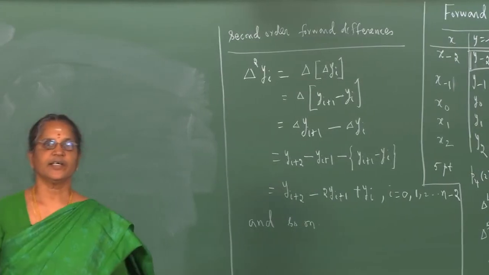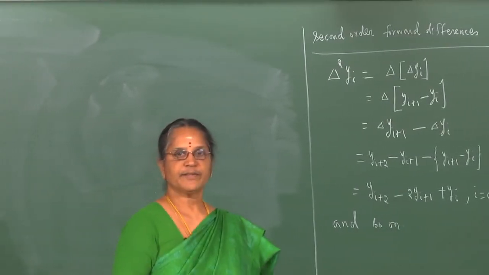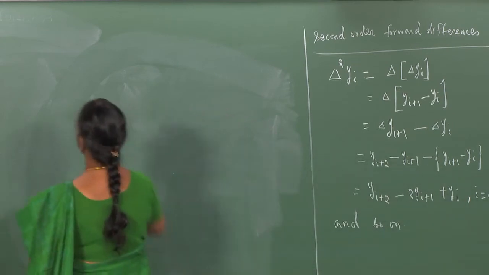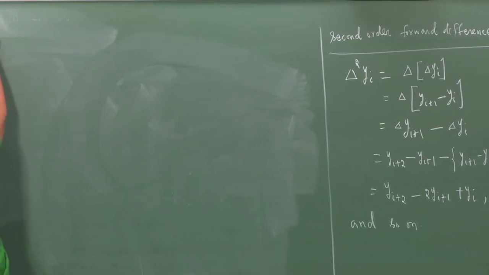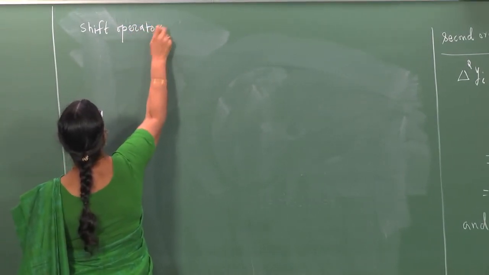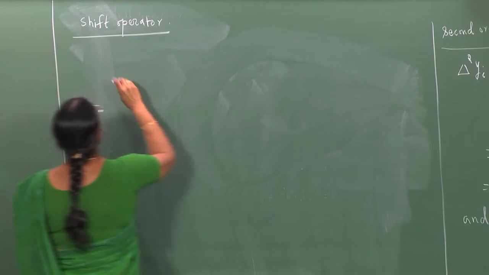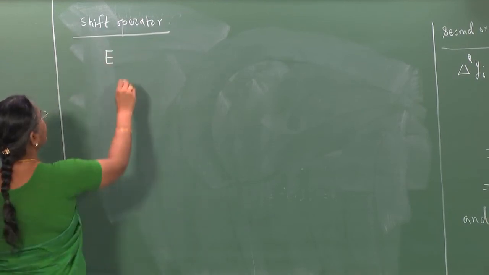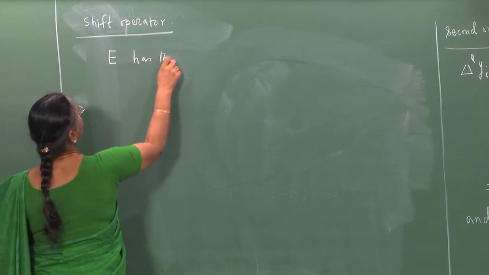At this stage, I would like to introduce another operator, which is called the shift operator. The shift operator is denoted by E, and it has the following property.